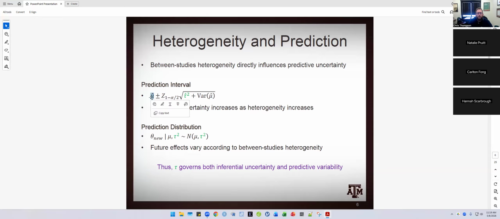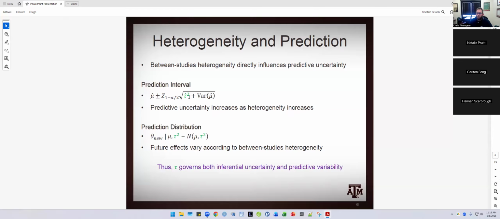Why is he doing that? What's of interest in this formula for the prediction interval, or a prediction interval? There are numerous ones. This is more along the lines of the Higgins 2009 version, but there are others as well, is that this tau squared estimate plays a function in that interval.